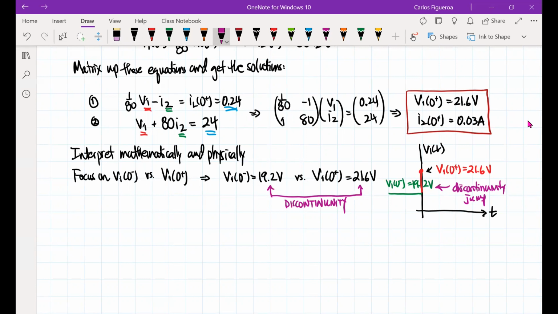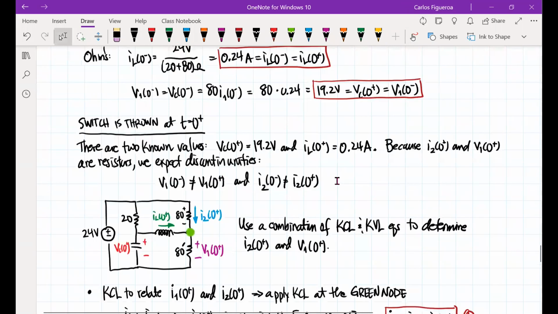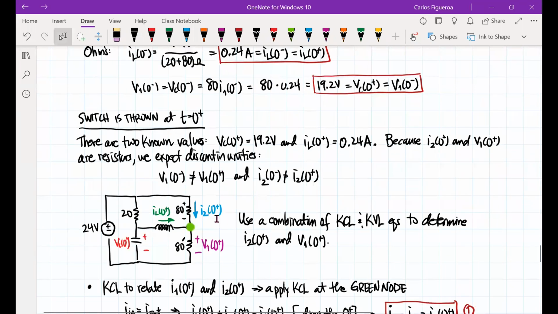Now let's go look at the current here. I'm going to focus on I2 of 0 minus versus I2 of 0 plus. For I2 of 0 minus, we didn't have that 80 ohm resistor.